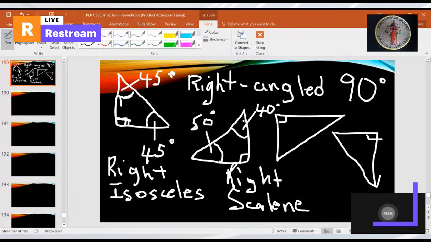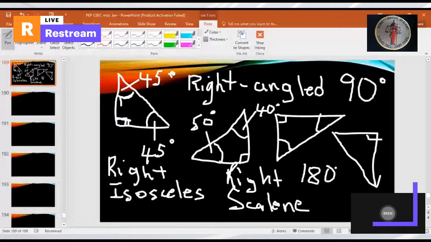Bear in mind, the three angles must add up to 180 degrees.